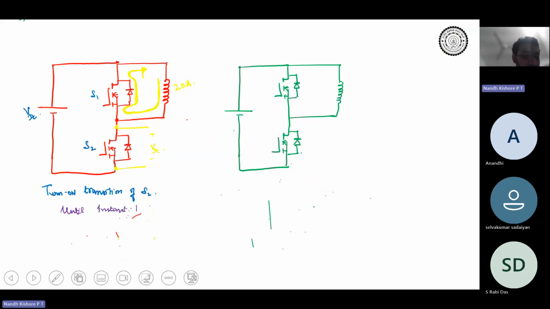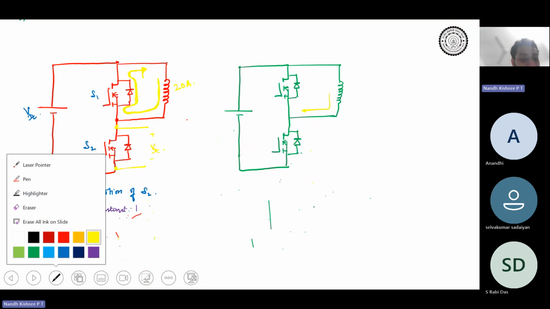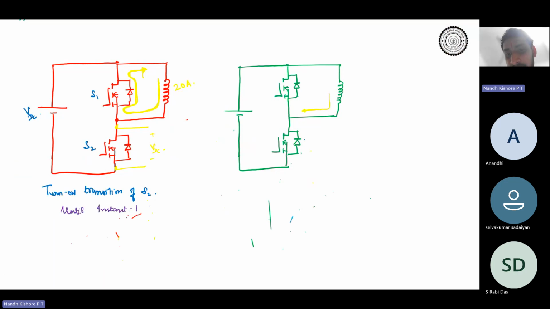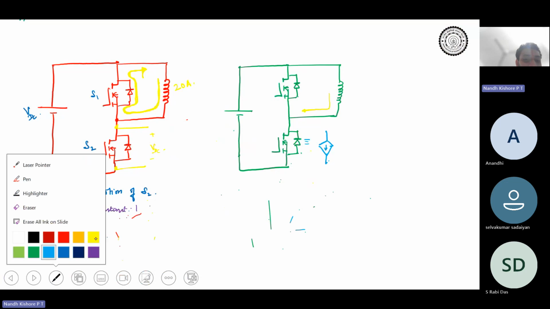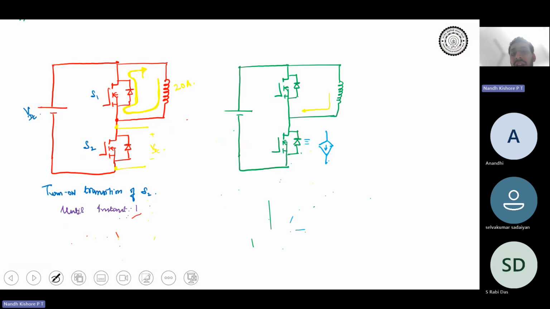Your inductor current still needs to be constant. Your inductor current has come till this point, and since the device behaves as a constant current source, the current will now split. Some part of the current will flow through this constant current source, and some part will flow through the anti-parallel diode.